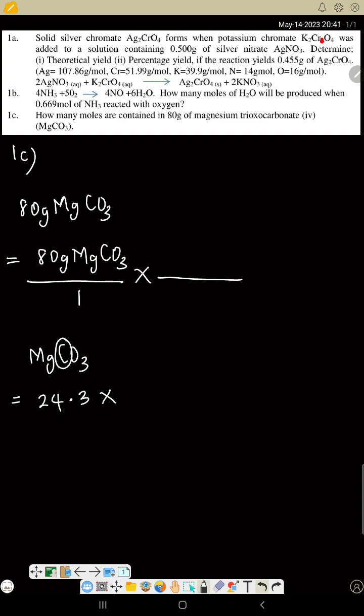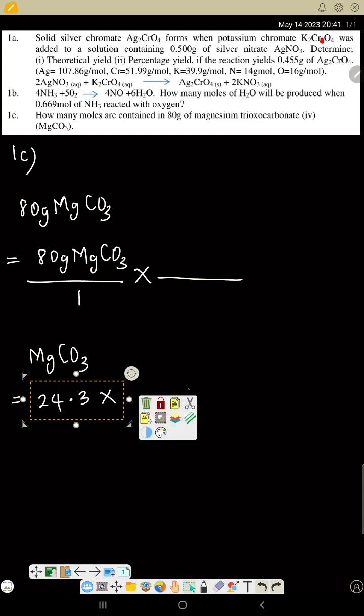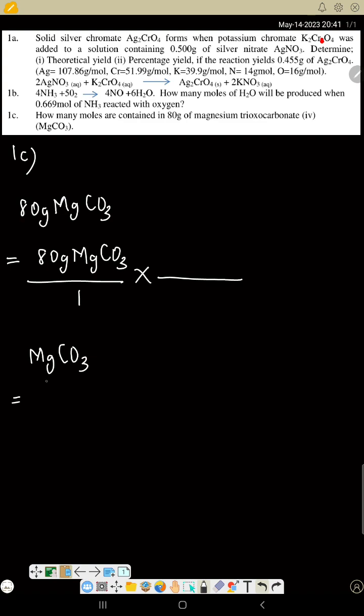Carbon is 12. So let's just use 24 for magnesium to round it up. 24 plus carbon is 12 plus oxygen is 16.